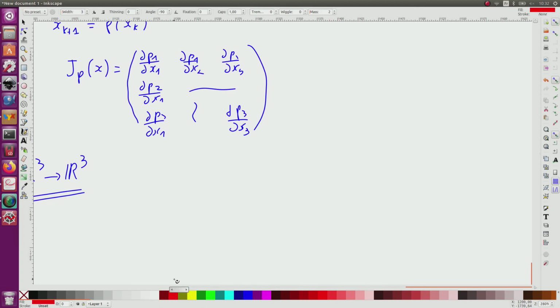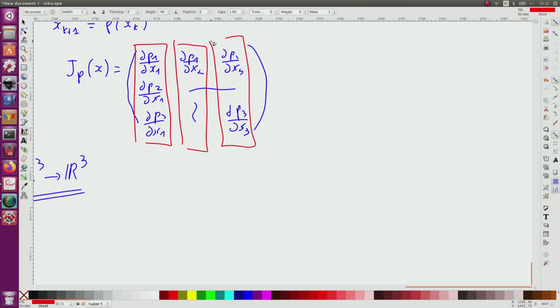It means that I have here three vectors. And each of these vectors, for instance, corresponds to the derivative of p with respect to xj. So here, for instance, is the derivative of p with respect to x1.